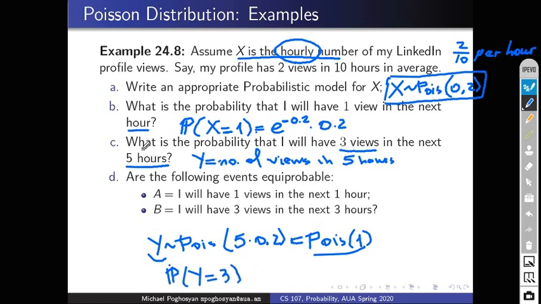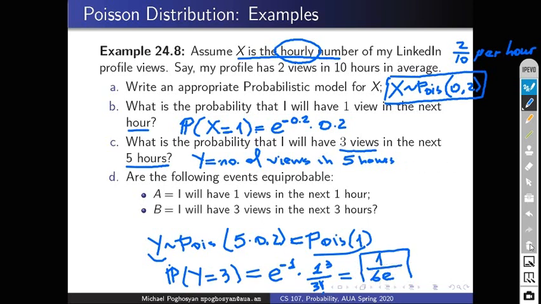If I were asked to calculate the probability that I will have 3 views in 1 hour, I would use X instead of Y. But we are asked about 5 hours, so I'm using Y. So that will give e to the minus lambda, times lambda to the 3 over 3 factorial. So this is 1 over e, this is 6e. So the probability that I will have 3 views in 5 hours is this much.